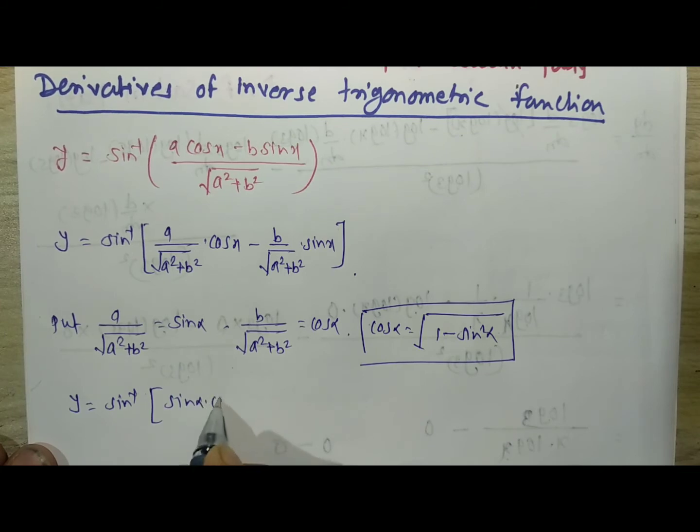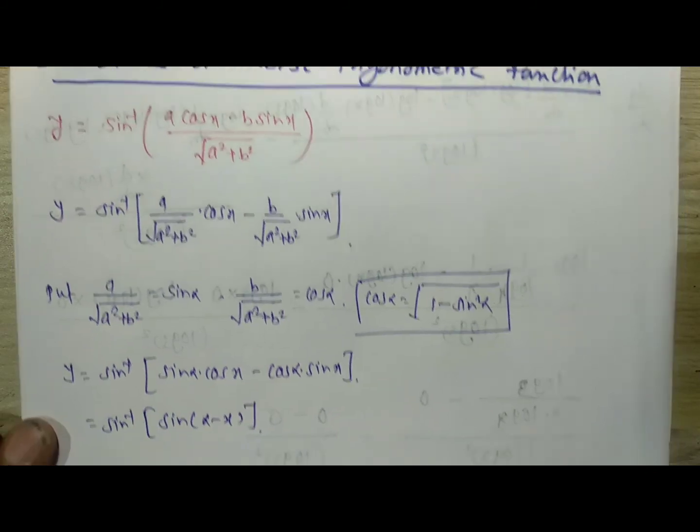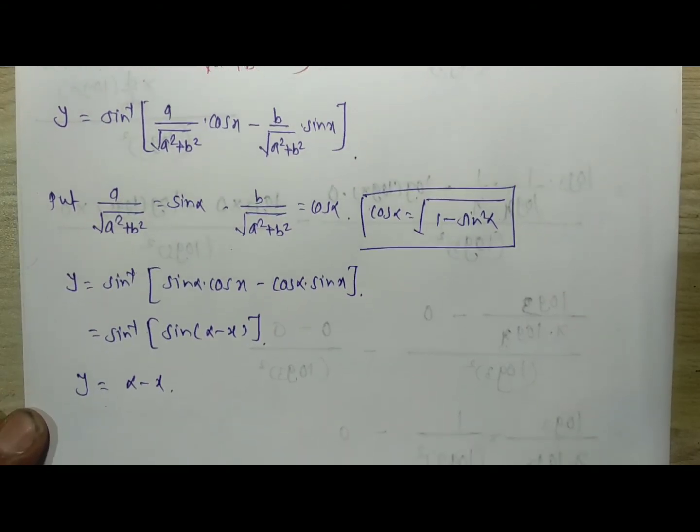Putting those values inside the expression, y is equal to sine inverse inside the bracket sin alpha into cos x minus cos alpha into sin x. According to the formula sin alpha cos x minus cos alpha sin x, you will get sine inverse inside the bracket sine of (alpha minus x), and then sine inverse and sine cancel each other. y is equal to alpha minus x, and you have to take the derivative of y with respect to x.